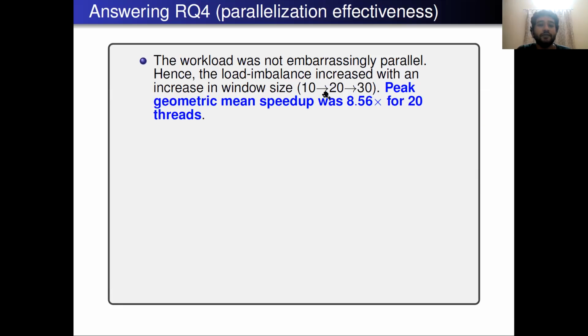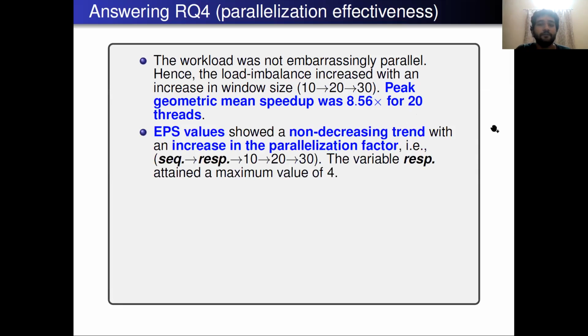For parallelization effectiveness, when we increased the window sizes from 10 to 20 to 30, there was 8.56x parallelism speed up. This was because there was overhead of processes, things were not embarrassingly parallel, and there were load imbalances, just as we saw in the PL omega calculus. For EPS values, the sequential started off well, and when we increased the parallelism, we saw a non-decreasing trend with an increase in the parallelization factor.